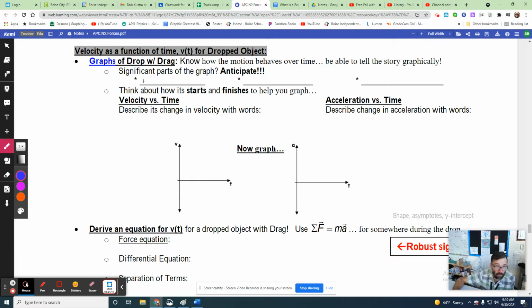Okay, so when we're thinking about end conditions, this is a drop. V initial has got to be equal to 0. Okay, so that's something we can test when we develop our equations. And we might have an asymptote of maybe a negative terminal velocity, maybe something we'll see also.